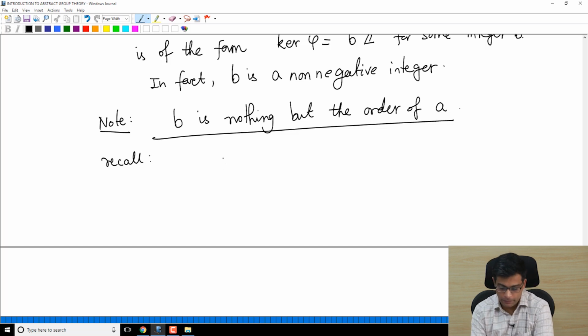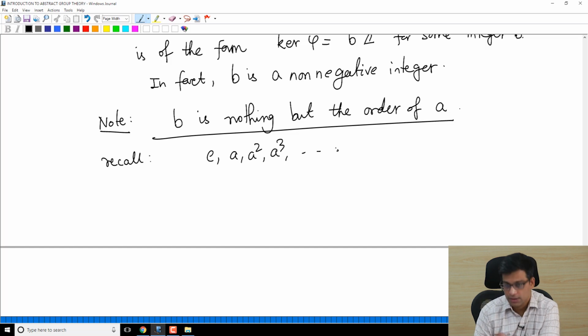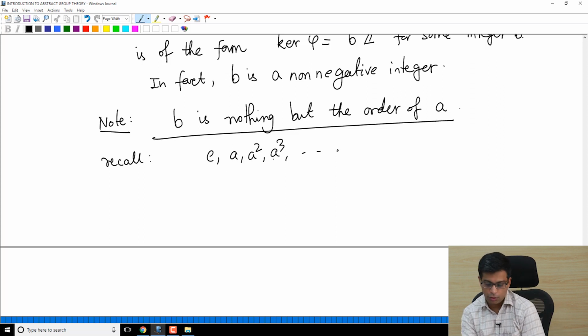We look at multiples of A: e, A squared, A cubed, and we keep looking at this. Either you will never hit e again, the identity element, or you will hit e somewhere. So it is the first place where you hit e, if you hit e.